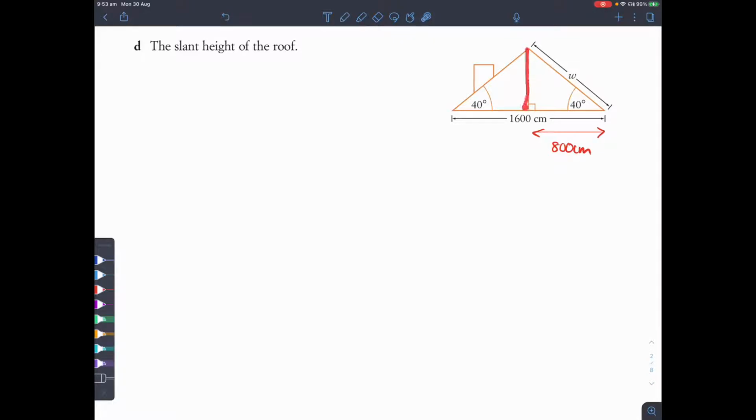Now, if I was to just redraw this triangle out for you to see, in that triangle we've got 800 here, there's our 90 degrees, and 800 centimeters down the bottom. And we've got 40 degrees right here, as well as the W there, which is our slant height. Now, that W is our hypotenuse, opposite the right angle, and 800 is our adjacent edge, right beside the 40-degree angle.